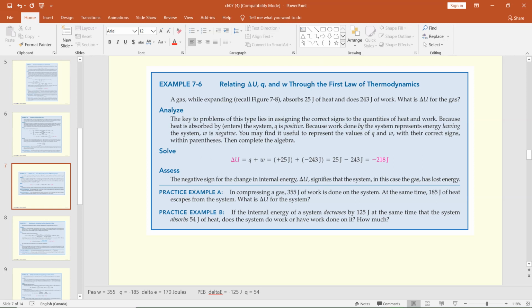Work is Q minus delta E. So 54 minus negative 125 is 54 plus 125, which is 179 joules, which means work is done on the system.